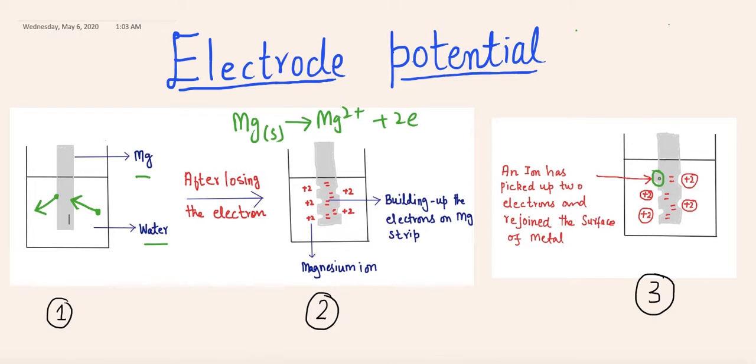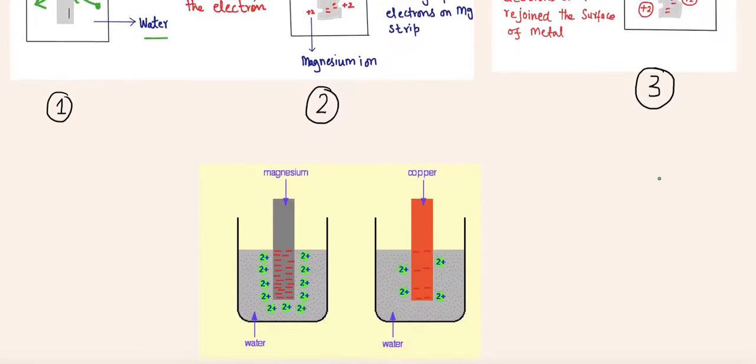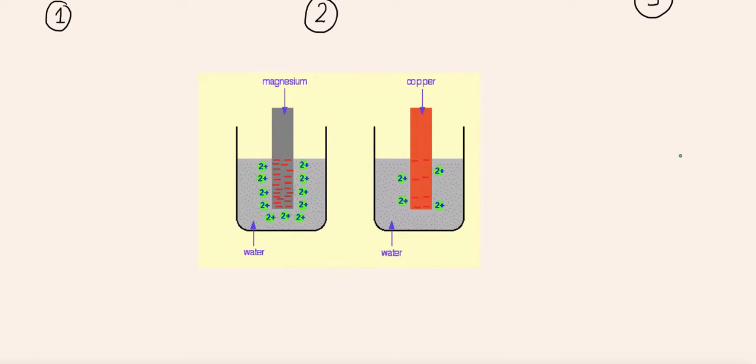The bigger the difference between the positiveness and negativeness, the bigger the voltage. Look at this diagram. In this diagram, there are two beakers. In the first beaker, which is at the left hand side, magnesium ribbon is inside the water, and in the second beaker, which is at right hand side, copper is in the water.